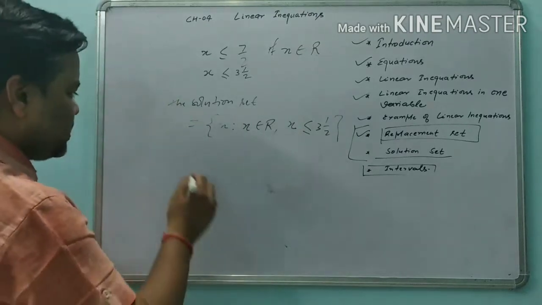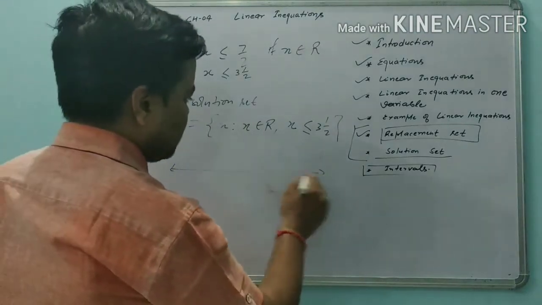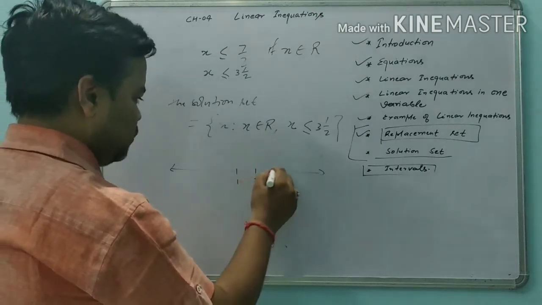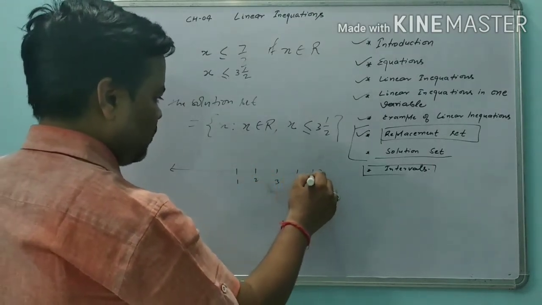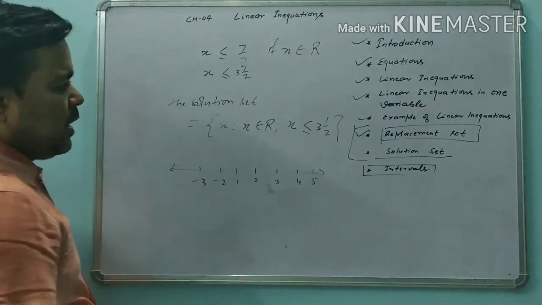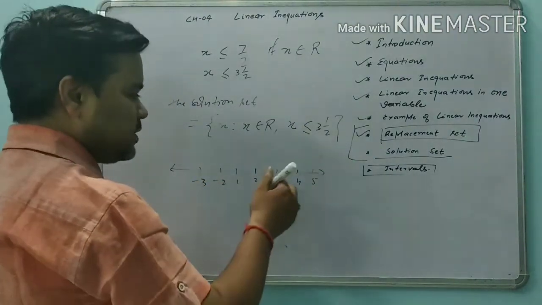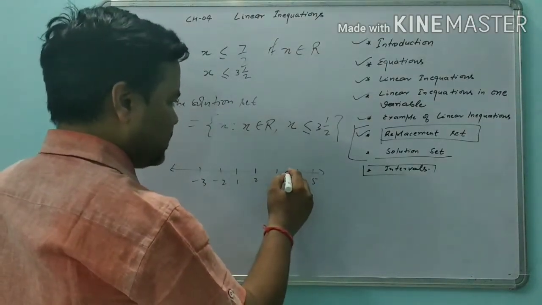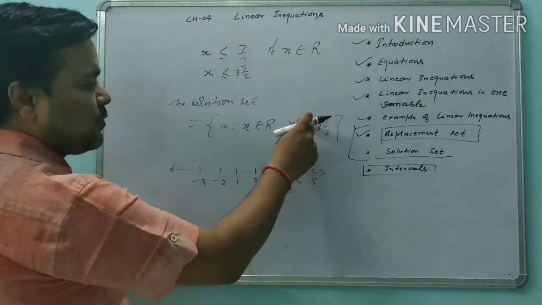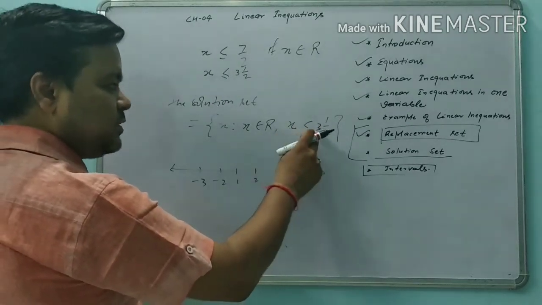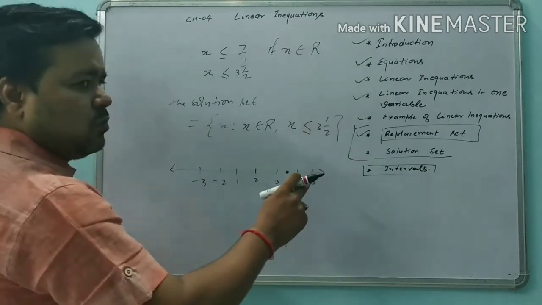And how should we represent it on the number line? Like this. Here 1, here 2, here 3, here 4, 5, here -2, -3. Okay. And 3 1/2 means it is more than 3 but less than 4. Here its position will be like that. And here, less than also, equal to also. It means the value of x is 3 1/2 also.